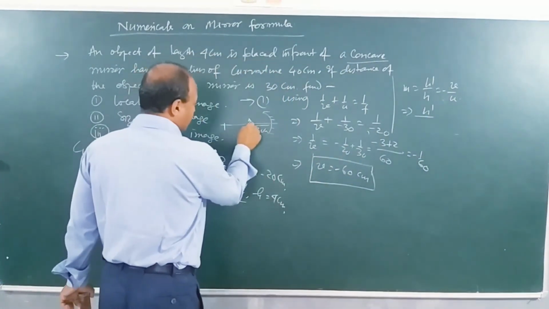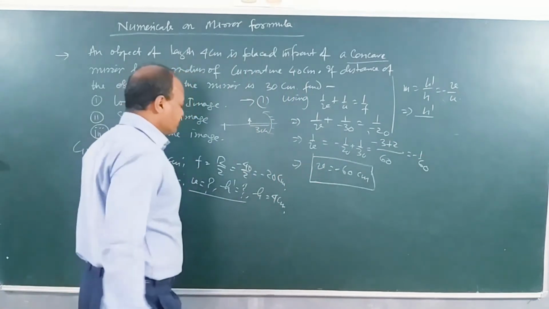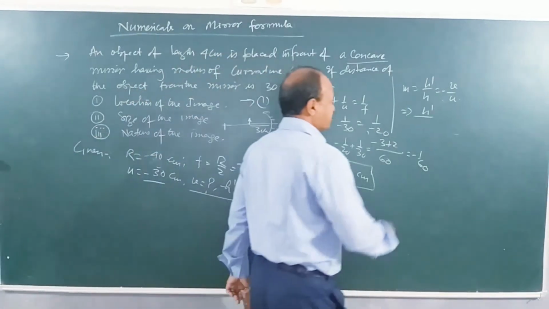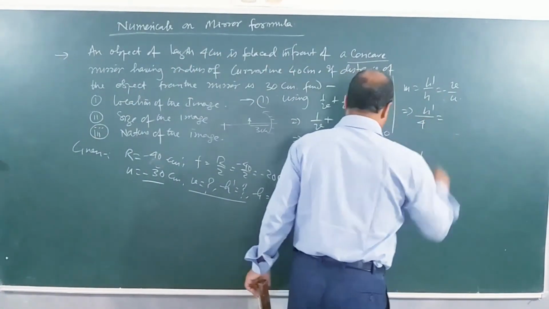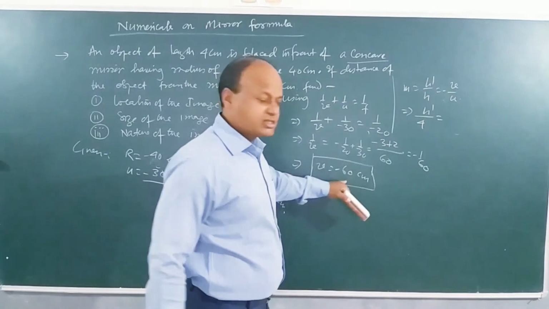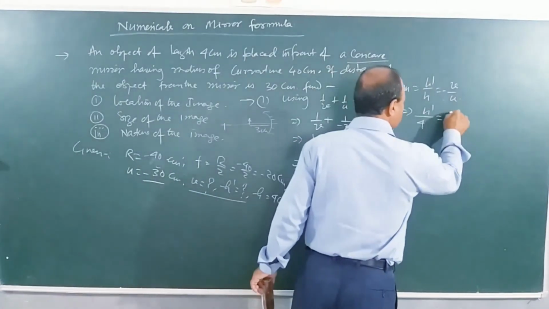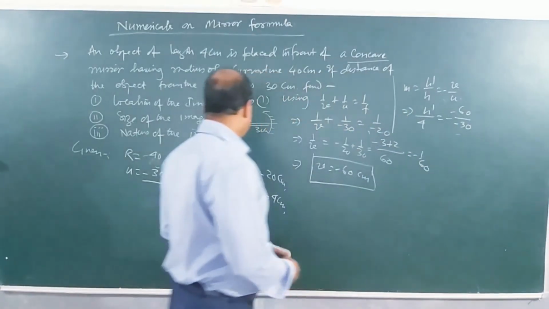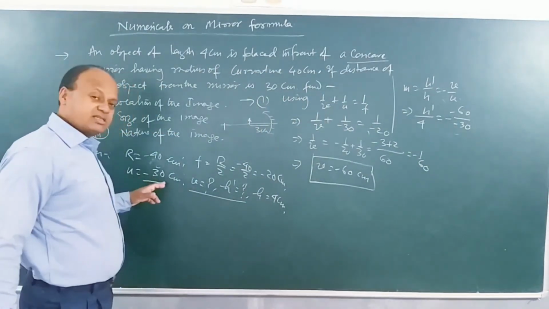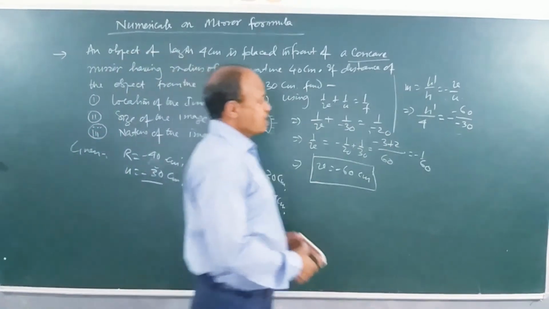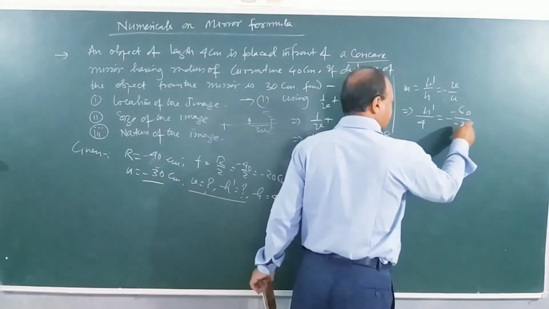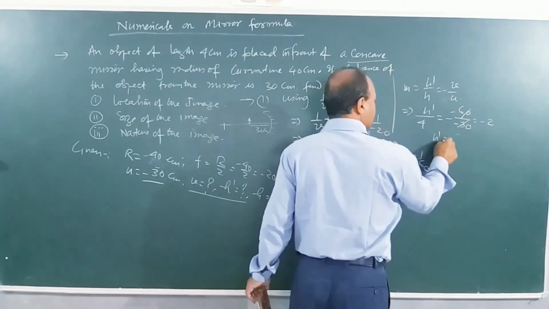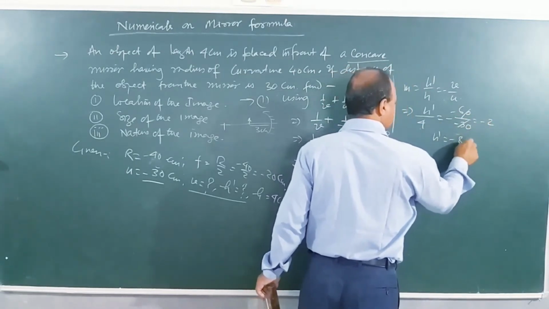Remember, the object is upright always, so h will always be positive, and h is given as 4 centimeter. So h dash by 4 is minus of V, minus 60, by u, which is minus 30. Minus 6 plus again minus, so it becomes minus 2. So h dash will be minus 2 into 4, minus 8 centimeter.